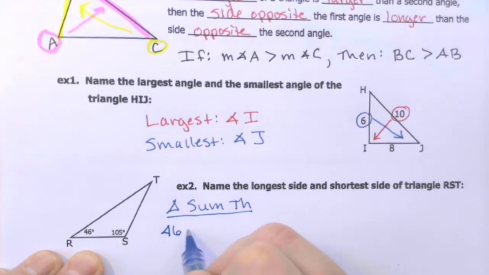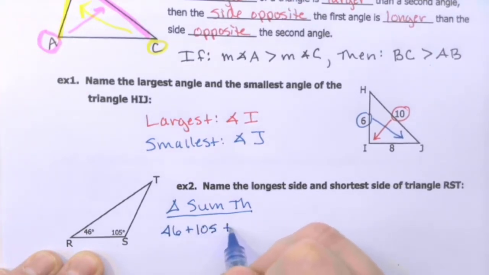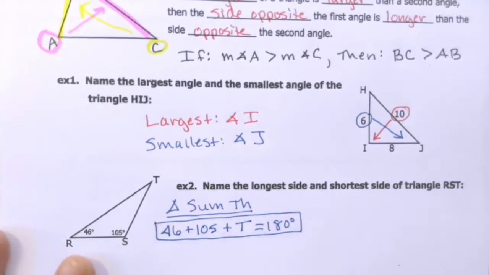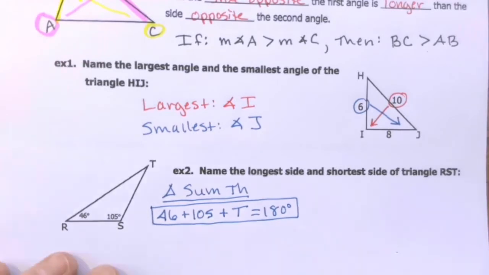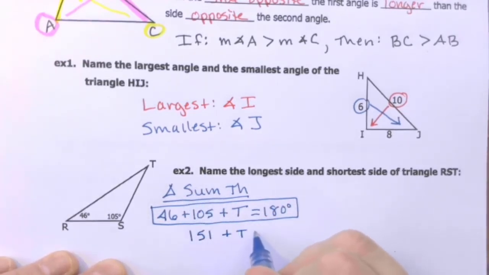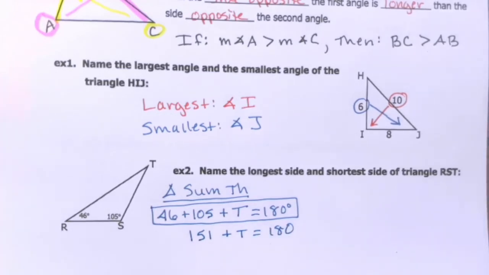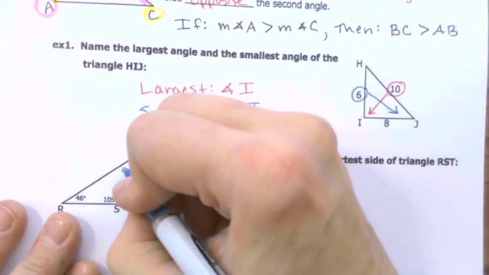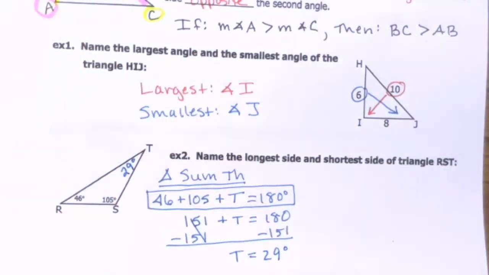So 46 plus 105 plus T has to be 180 degrees. Put a box around it. Okay, 46 plus 105 is 151, plus T is 180. Solving for T, we're going to subtract 151 over to the right, and we get T equals 29 degrees. All right, so let's put that on our drawing, 29 degrees.